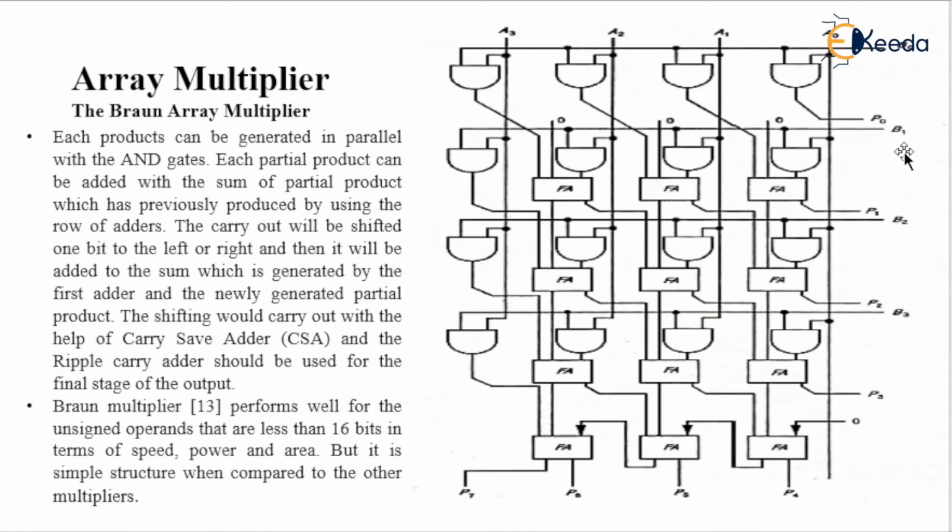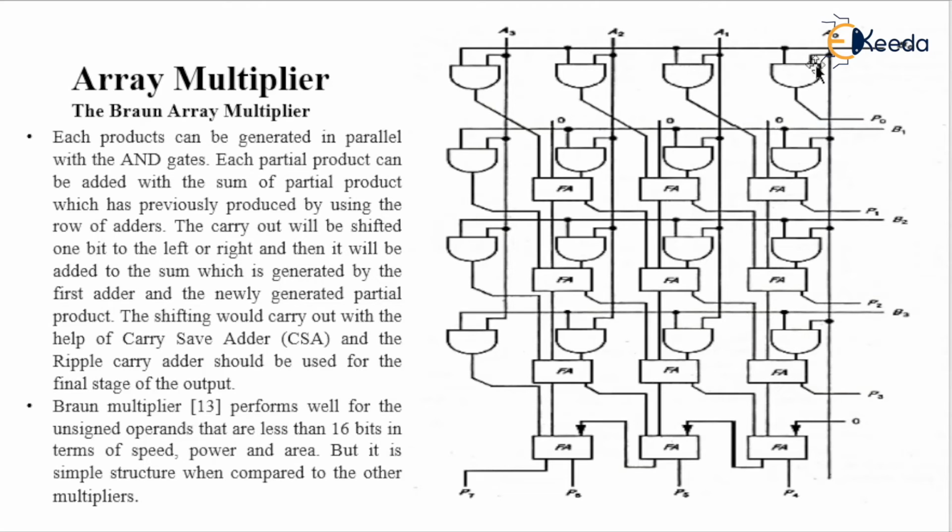Similarly, B1 A naught, next B1 A1, B1 A2, B1 A3 for this AND gate. Similarly B2 A naught, B2 A1, B2 A2, B2 A3. Similarly B3 A naught, B3 A1, B3 A2, B3 A3.